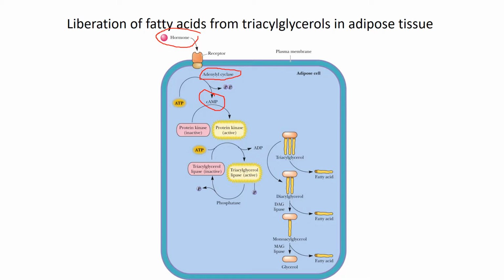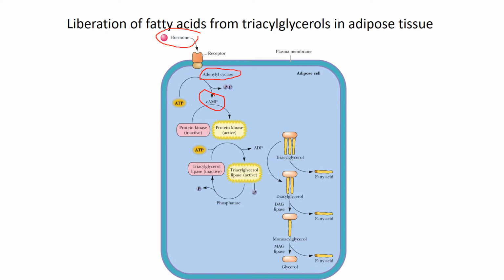So that cyclic AMP is going to activate a protein kinase, which in turn will phosphorylate this triacylglycerol lipase. It's inactive in its unphosphorylated state, active when it's phosphorylated. The correct name for this enzyme is hormone-sensitive lipase.